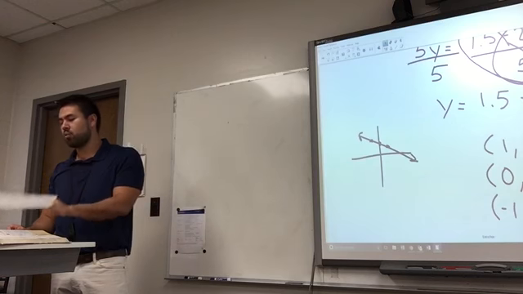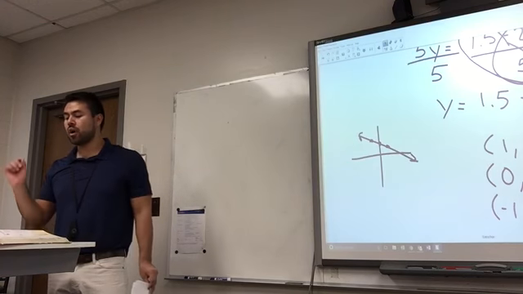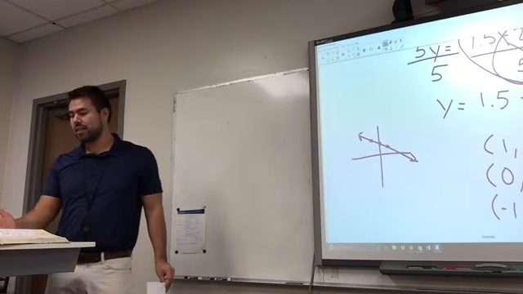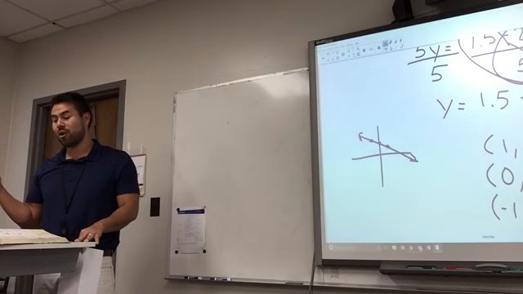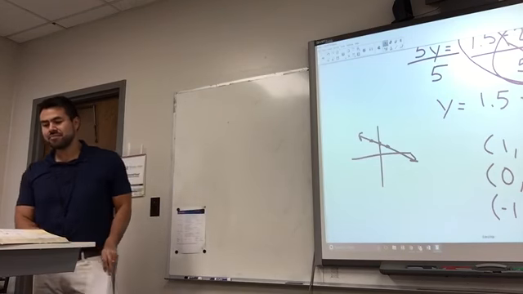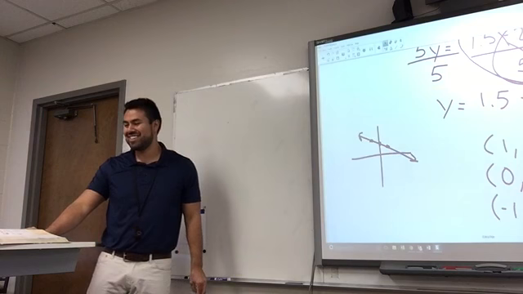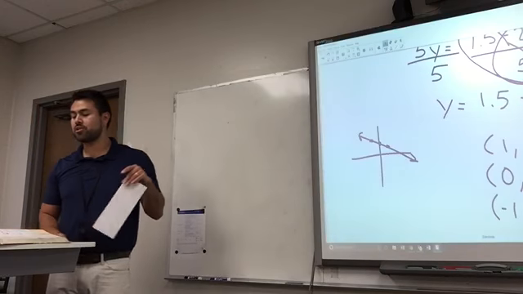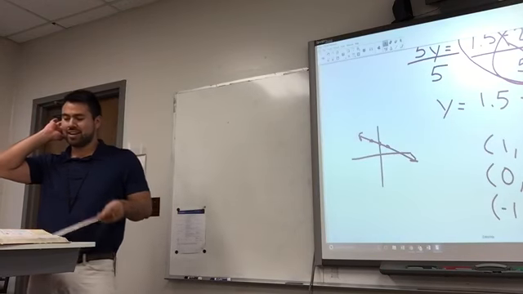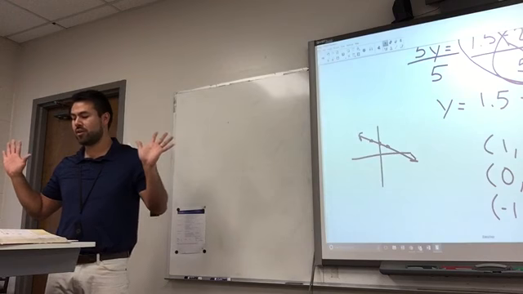I'm going to give you help on one more, and if you understand what I did on that one, then you should be able to get the other two. Number 43. The others are your homework, but let me help you with 43 real quick. Listen, this is the last help I can give you.